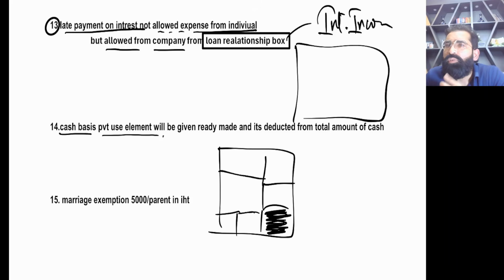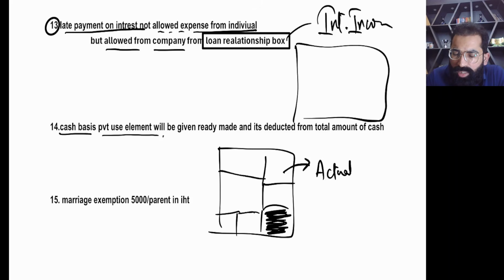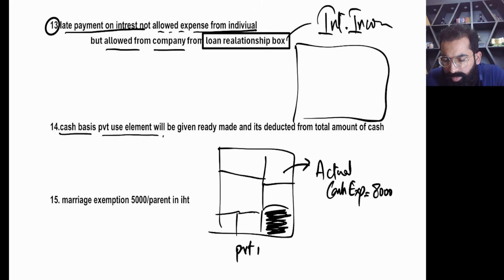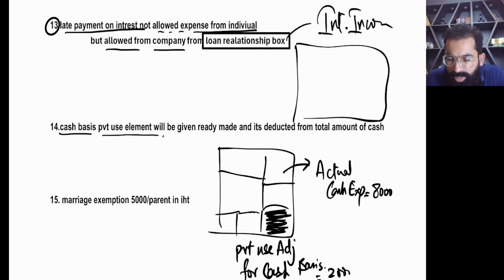Now for cash basis, first of all, they will give you the actual cash expenses. See, this is very important. Actual cash expenses are, let us say, 8,000, and then they will give you the private use adjustment for cash basis, like 2,000 per occupant, and there is only one occupant in this house.